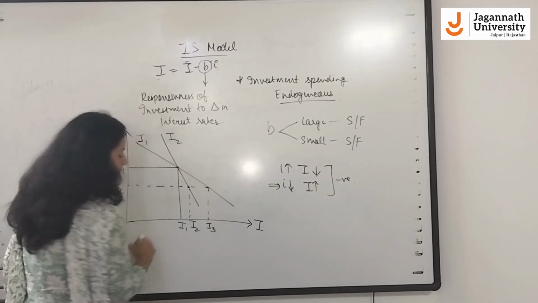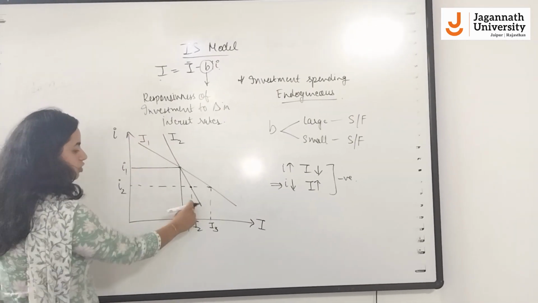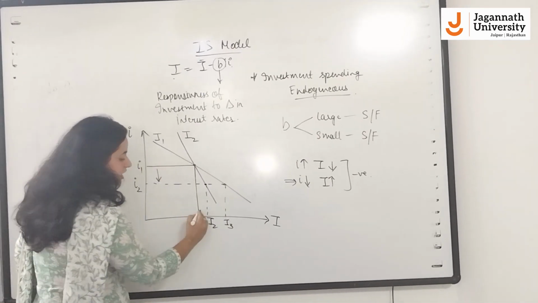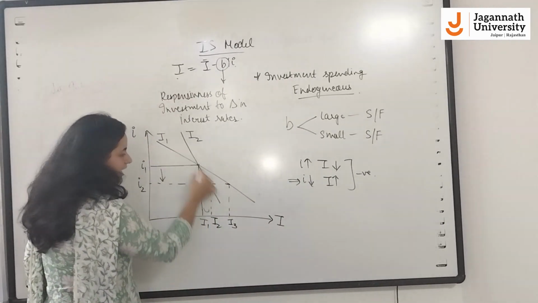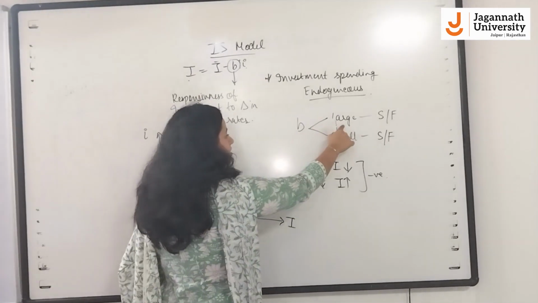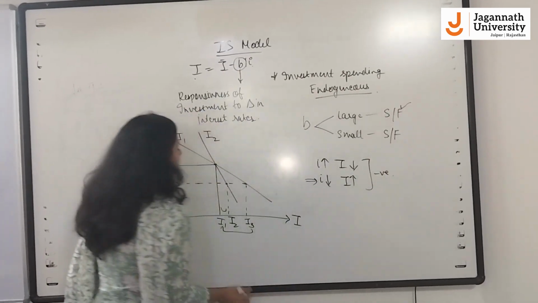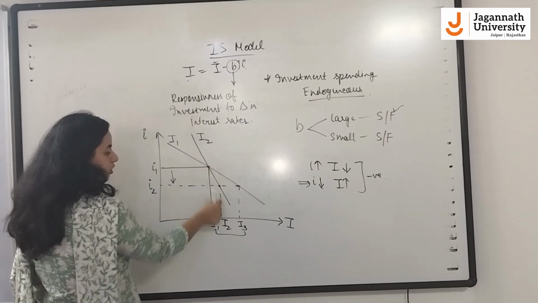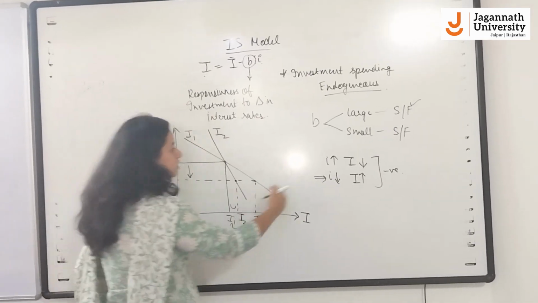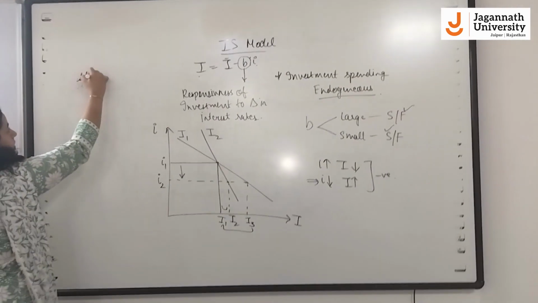On the steeper curve, we can see that the response of investment to this fall in interest rate is lesser, whereas on the flatter graph it is more; the responsiveness is high. So what can I say? When b is large, the curve is relatively flatter, whereas when b is small, or the responsiveness of investment is small, the curve is steeper.